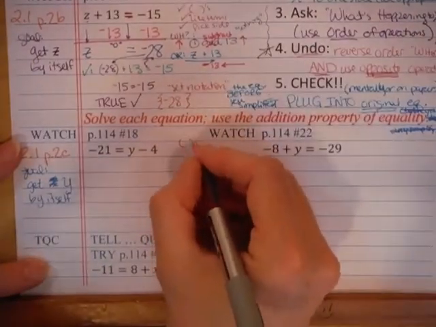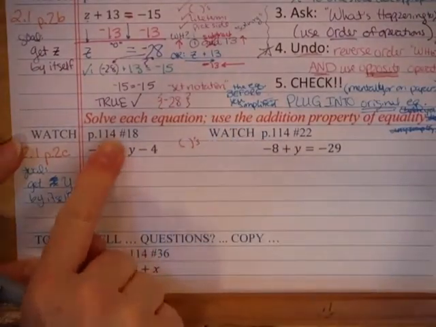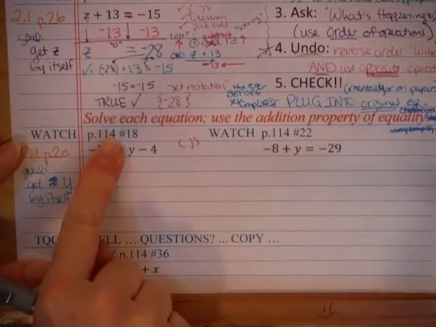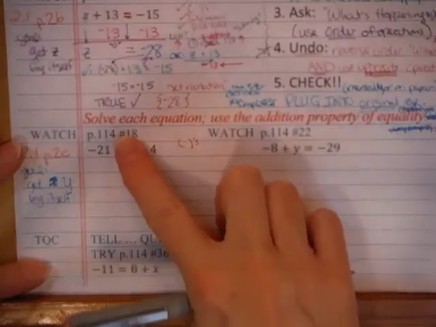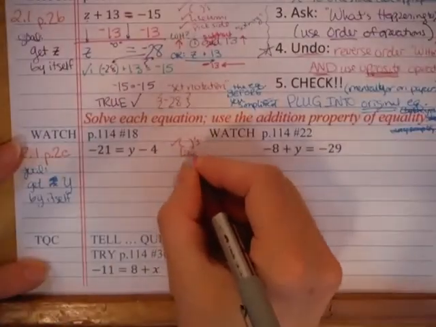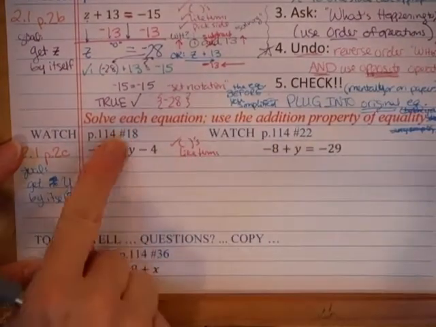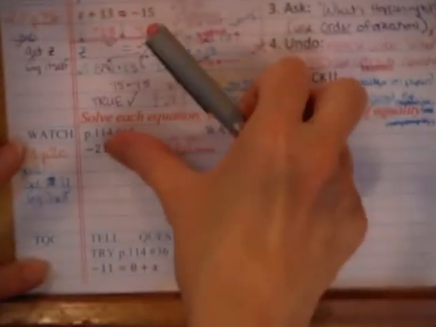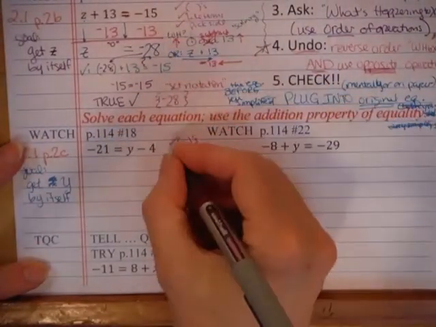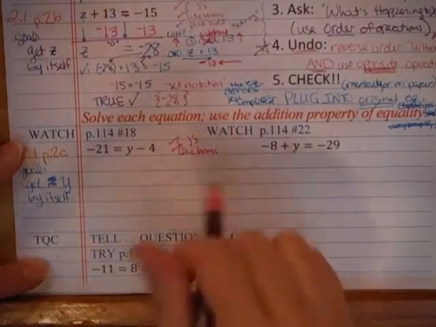We need to simplify, which means we're checking on both sides of the equal sign if there are any grouping symbols, parentheses that we need to take care of, and in this case, nope, it's done for us. Then we're checking for like terms, so again, looking on both sides of the equal sign, kind of covering it up here and just looking at the expression on the right side, no like terms. Just looking at the left side, single number. So like terms are already combined for us.